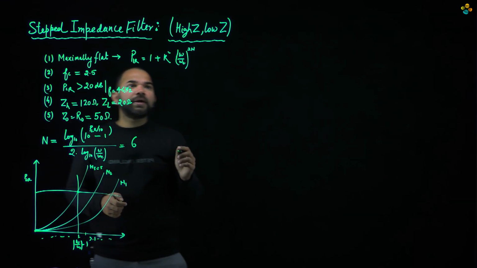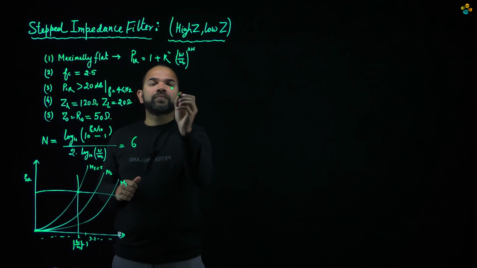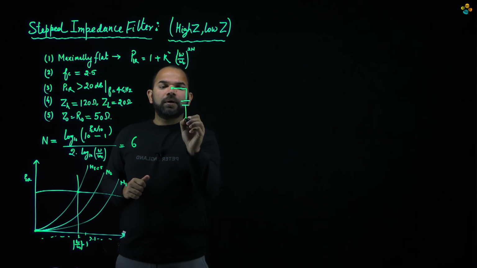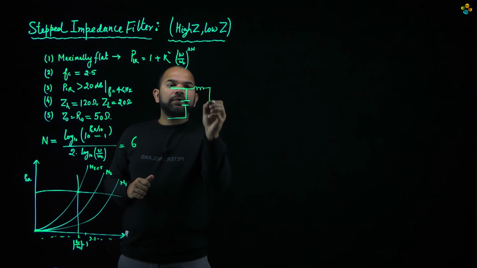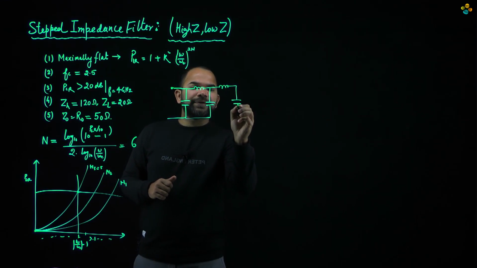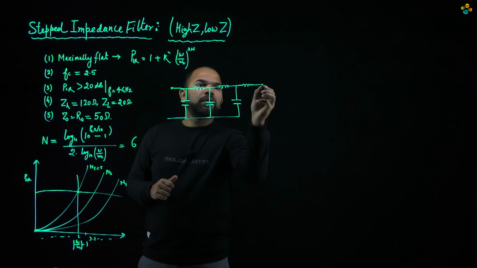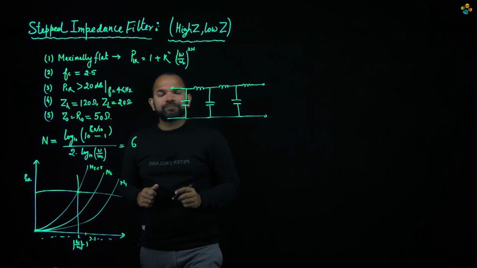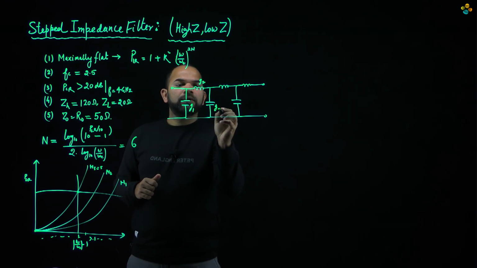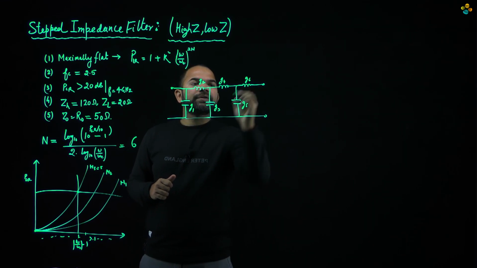Okay, so let's design a low pass maximally flat filter of order 6. This filter would have something like a capacitor, then an inductor, then another capacitor, then again an inductor, then again a capacitor. So how many elements? 1, 2, 3, 4, 5, and then one more inductor. So there are 6 elements. This is going to be G1, G2, G3, G4, G5, and G6.